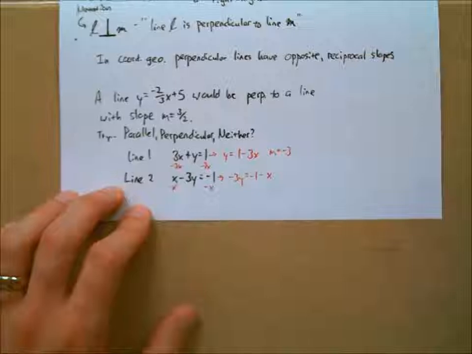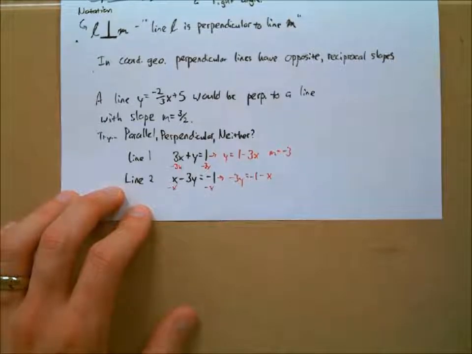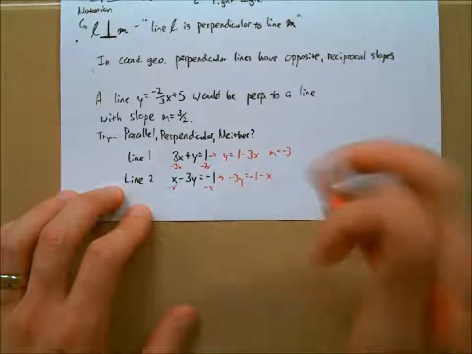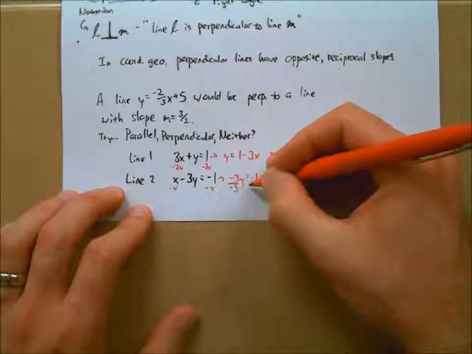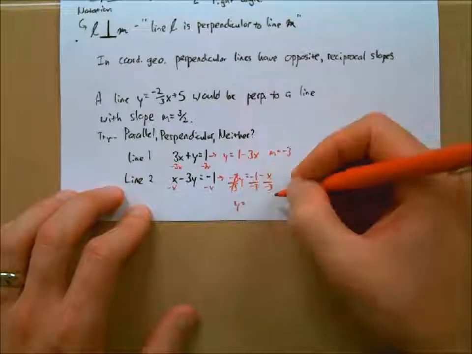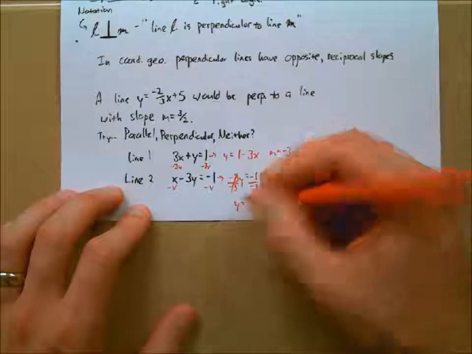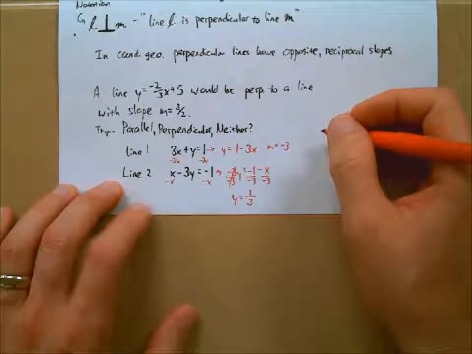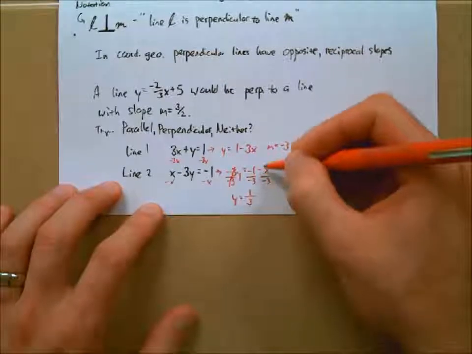And then it's -3 times y, so to undo the times, we have to divide. Divide everything by -3, so those cancel, left with y equals -1 divided by -3, which is 1/3.